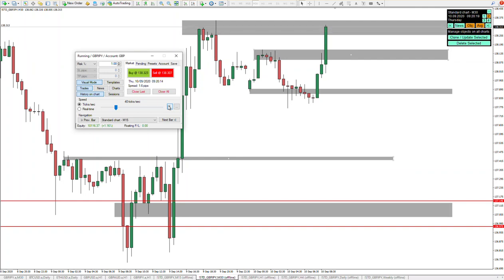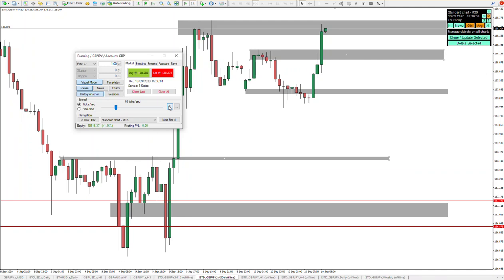Wow. 10 minutes left for the close of the M30. Let's see if we get a rejection here. Oh, a little bit late, but M30 closed like a strong bullish candle right below this resistance.